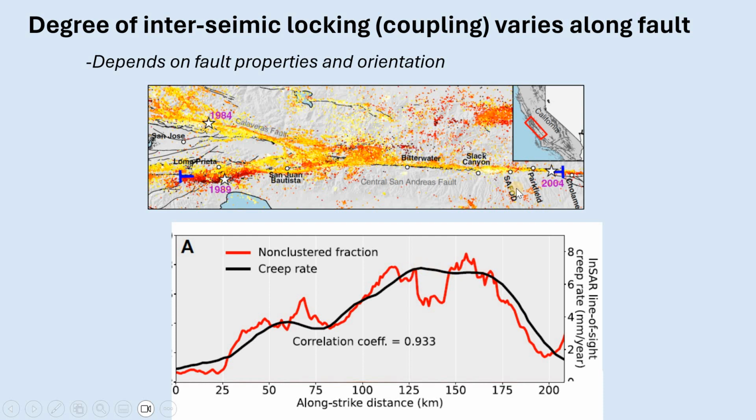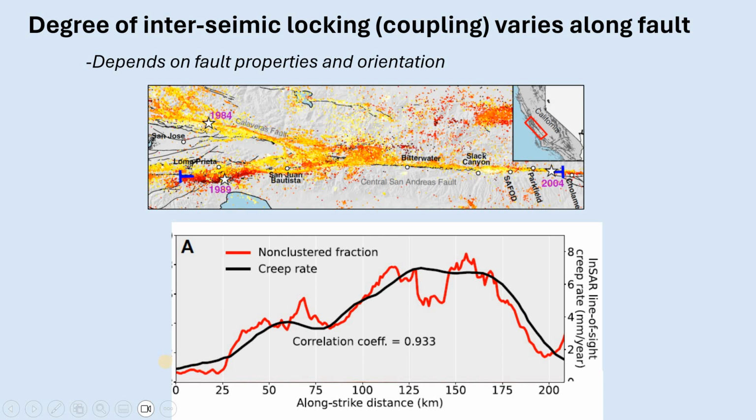And we can see that this area near Slack Canyon, just north of Parkfield, actually is creeping at a very high rate and is almost entirely uncoupled at the near surface. Whereas when you come up closer to San Francisco, the Loma Prieta section is almost entirely locked between earthquakes.